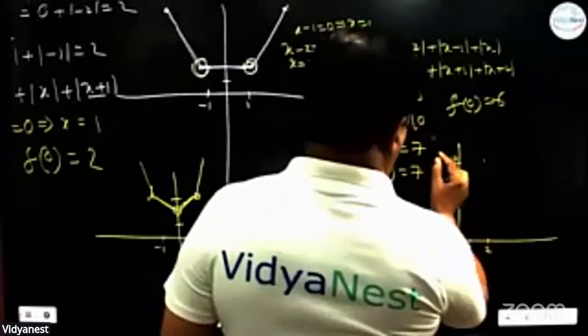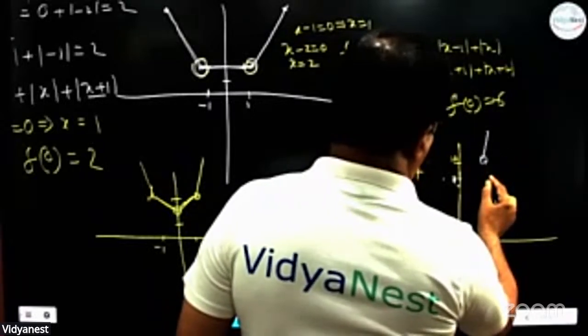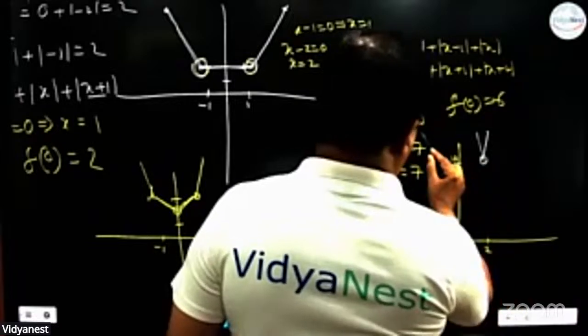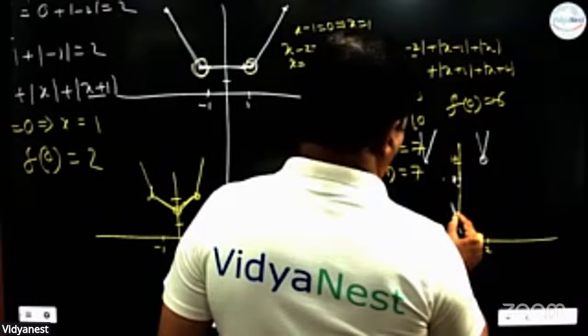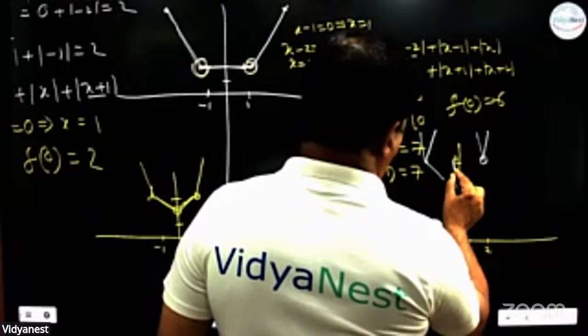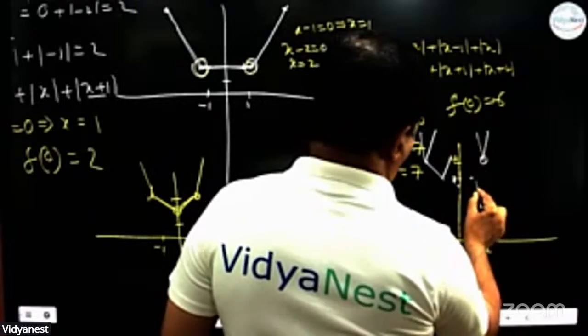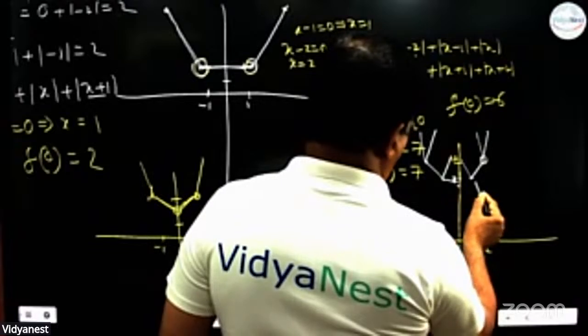So you take one V shape at this point, the widerness is so small. Here you will get more wider. Here, more wider.